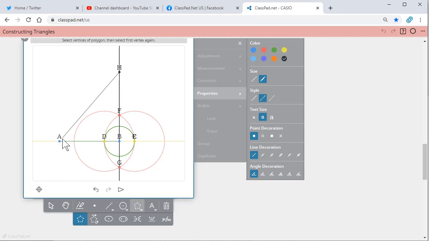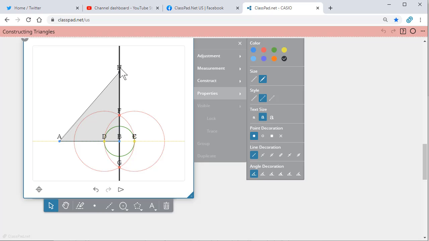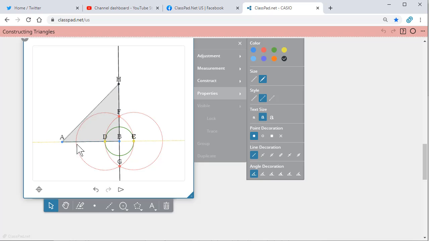And so now I'm going to connect the three vertices, so A to B to H. And now I have a right triangle because I constructed this line HG to be perpendicular, and so I can make this be many different triangles, but I know that they're always perpendicular, that it's always a right triangle.